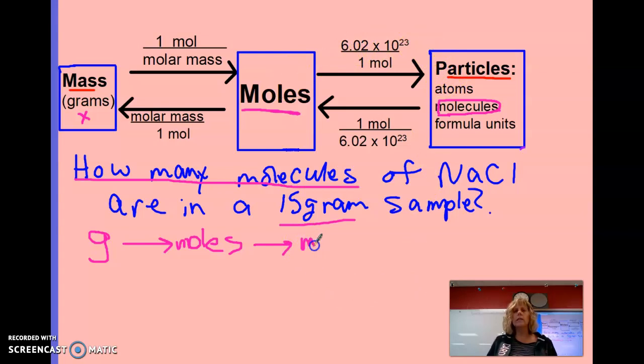Molecules is one of the category of particles. Looking at this, I need one conversion factor to get from here to here, and one to get from here to here, so I'm going to have two conversion factors. I'm going to show you how to work through that. So I'm going to start with 15 grams.